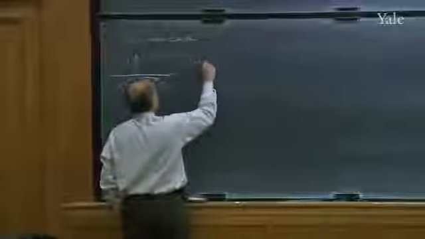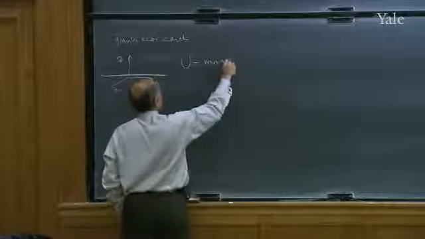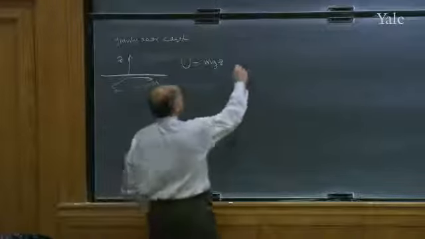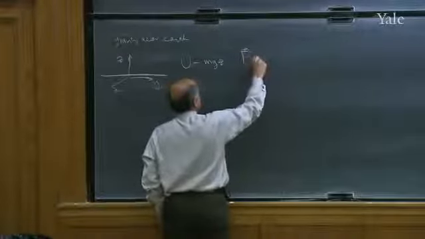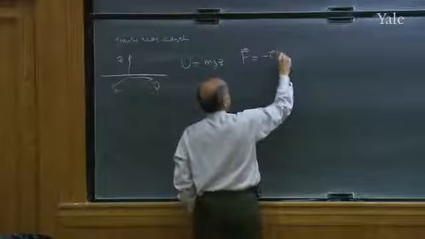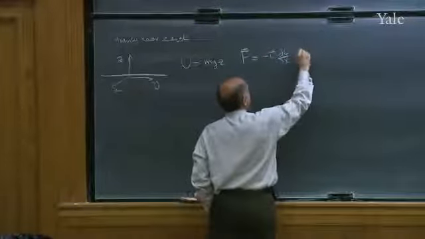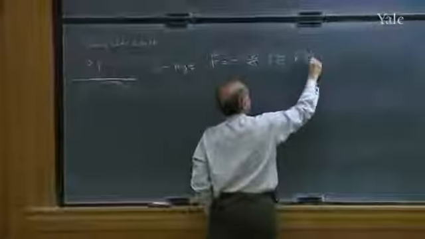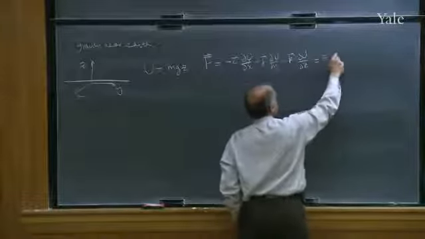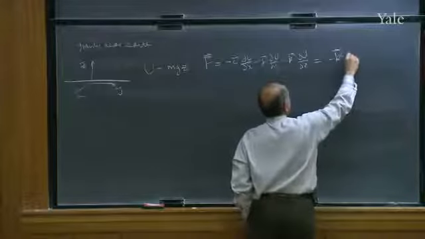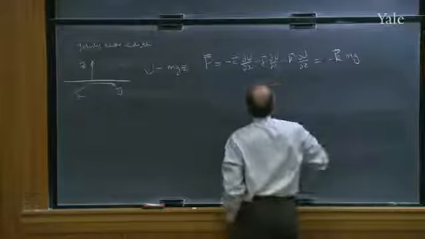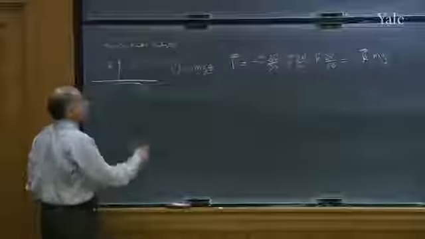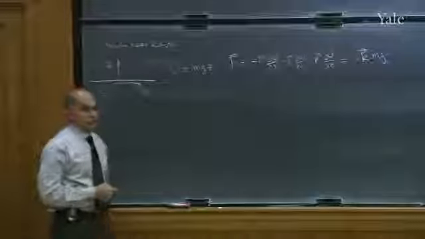U for gravity is mg times z. And the force of gravity, which is minus i du dx, minus j du dy, minus k du dz, all you got here is minus k mg. Because this doesn't depend on x, it doesn't depend on y, it depends only on z, and the z derivative is trivial. Force is minus mg pointing down.